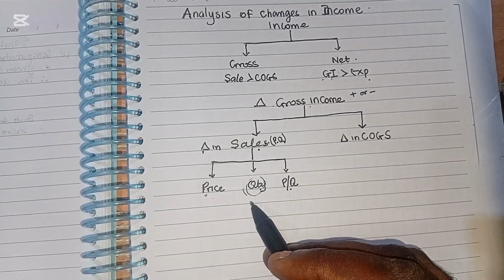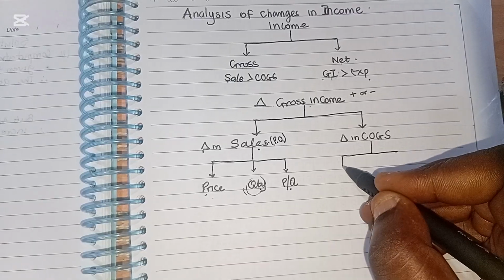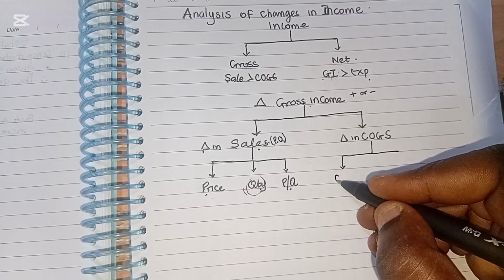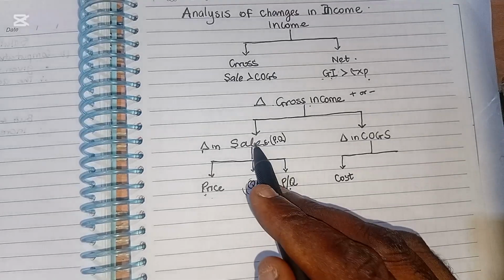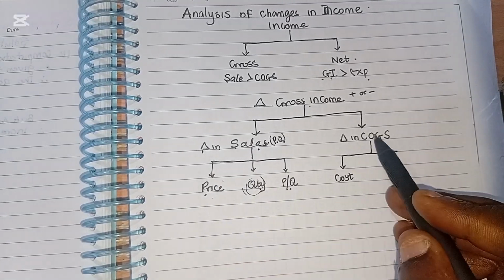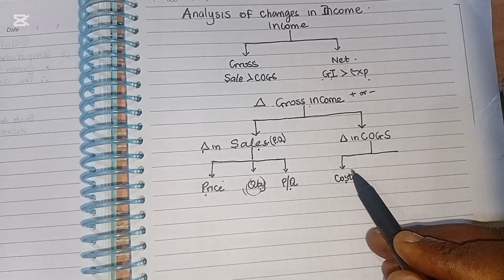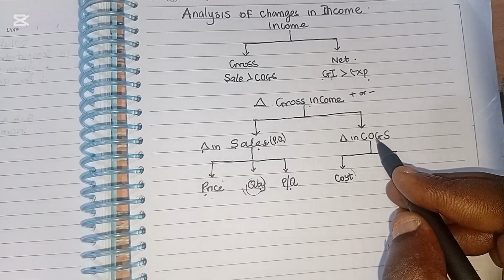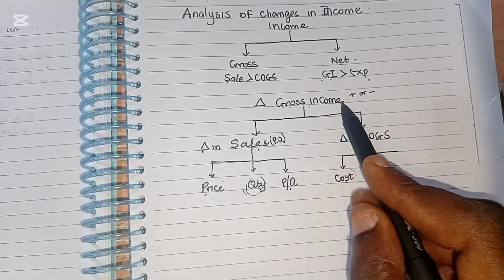In the same vein, three things affect the cost of goods sold, but this time we talk about the cost price. Sales talks about the selling price, but this talks about the cost price. If there is a change in the cost price, it will affect the cost of goods sold, thereby affecting the gross income.